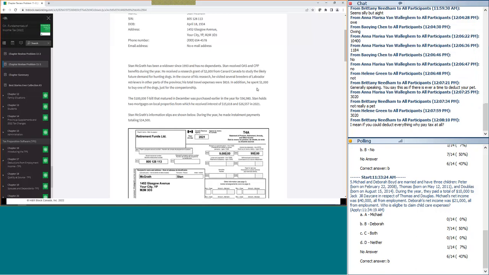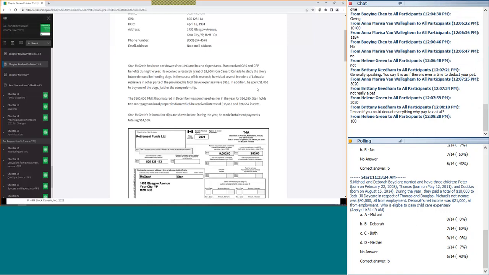Is interest taxed at 50% or 100%? 100%. So this one you have to remember is not capital gains. Even though it was an asset that he bought, it's treated as interest income and not capital gains income. So it's going to be 100% taxable on line 12100.